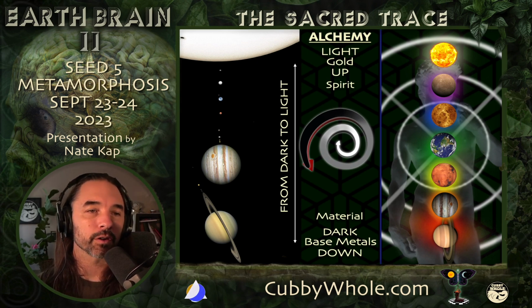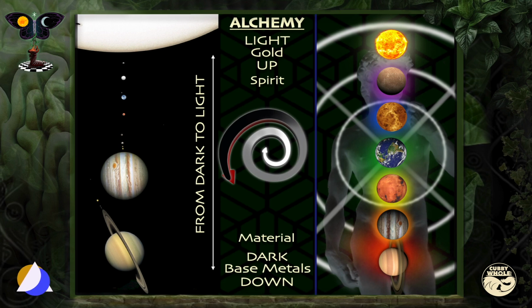And if we look further into the tradition of Kabbalah, then we will really start to understand our direct connection to the planets and the sun. And that's what that tradition can really help us understand.